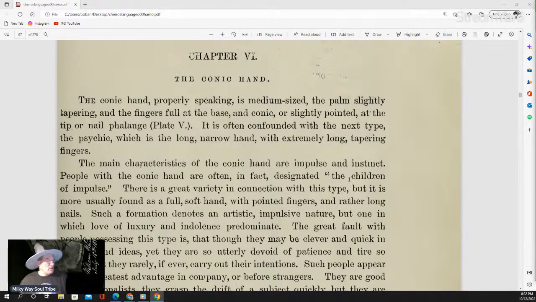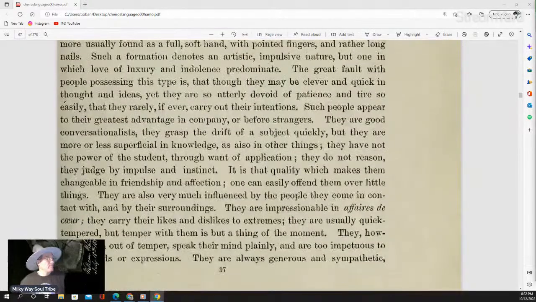The great fault with the people possessing this type is that though they may be clever and quick in thought and ideas, yet they are so utterly devoid of patience and tire so easily that they rarely, if ever, carry out their intentions. Such people appear to their greatest advantage in company or before strangers.